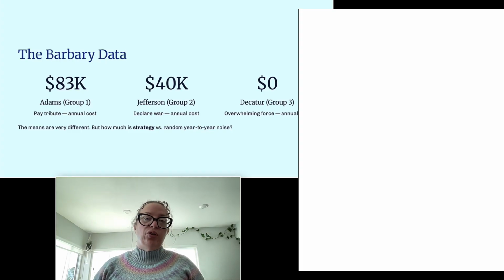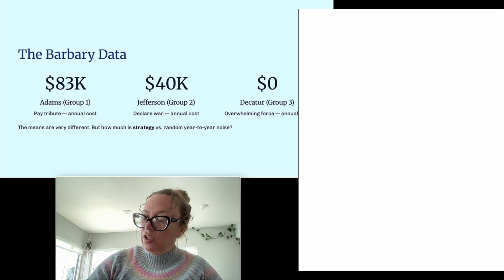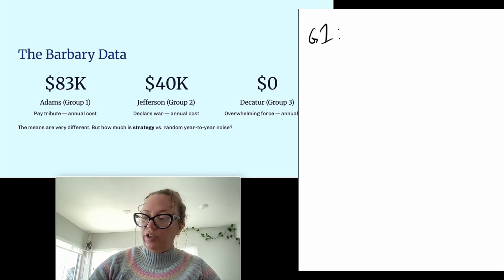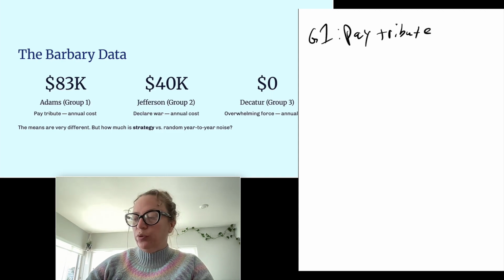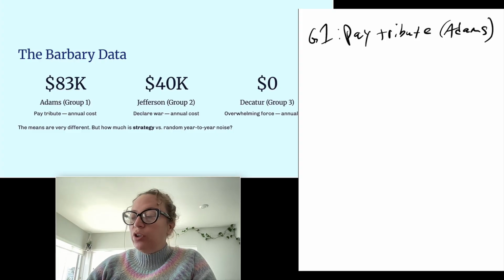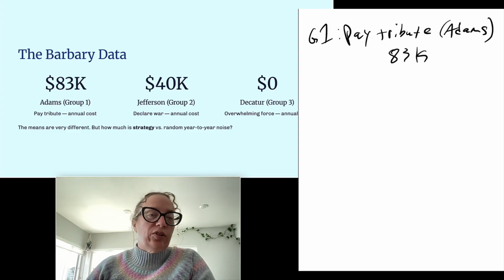So the 3 groups: group 1, G1, is pay tribute forever. That's the Adams approach, and the annual cost of that is $83,000 a year.